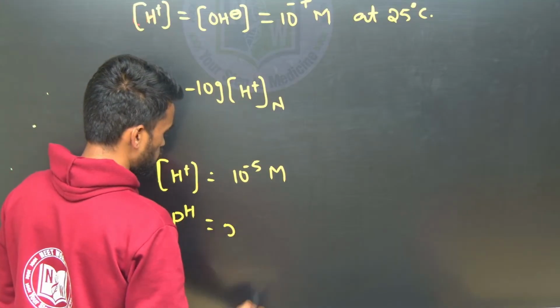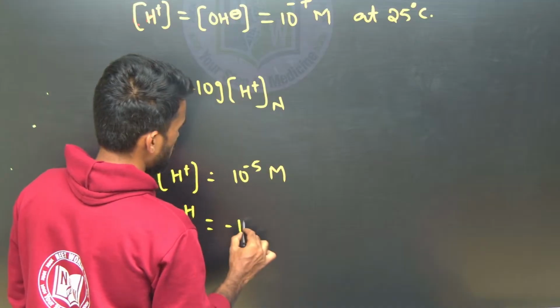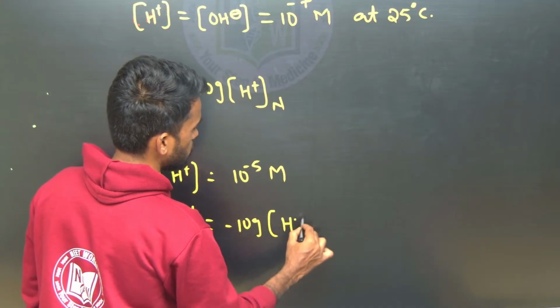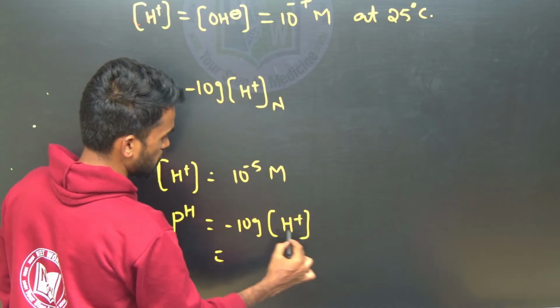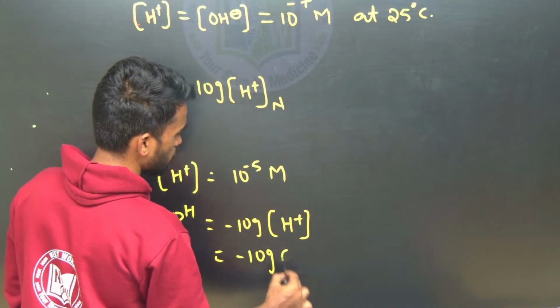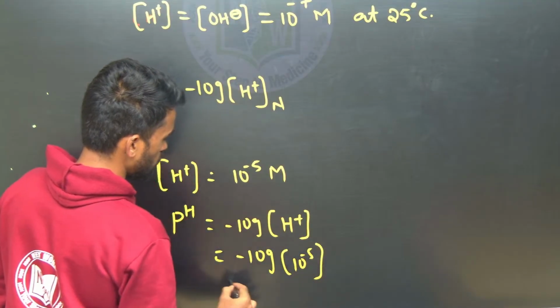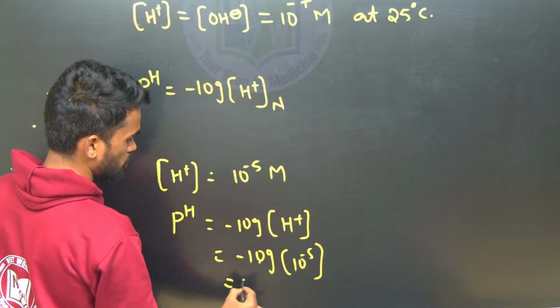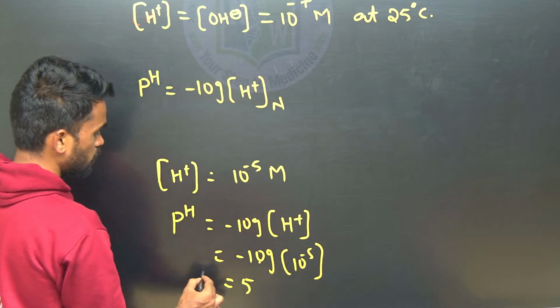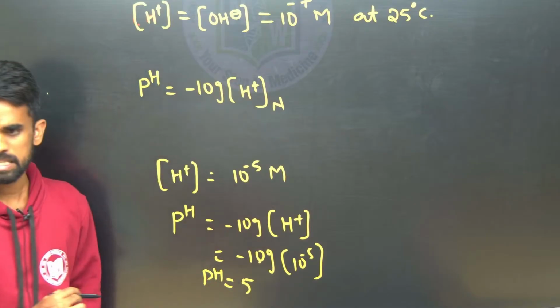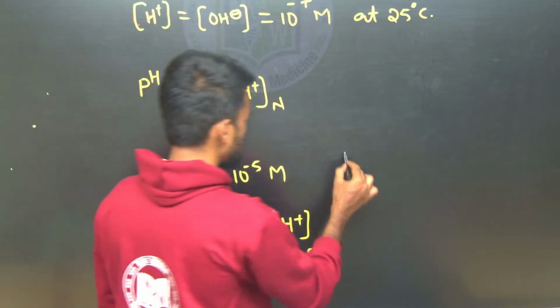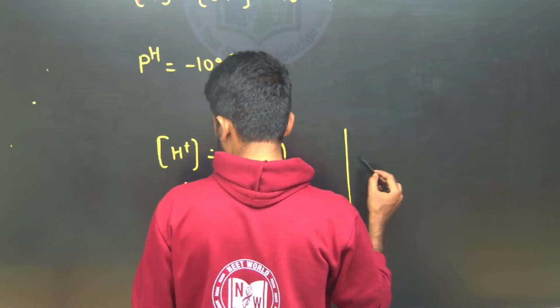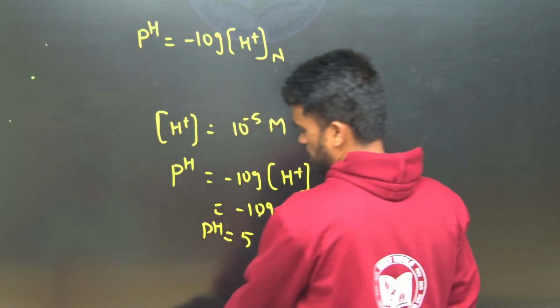So how did you get this 5? Just use minus log of H plus ion; the concentration of H plus ion is 10 power minus 5, so that will be minus into minus 5, plus 5 log 10 is 1, so pH is 5. And the next one, I have given you a generalized one to remember.